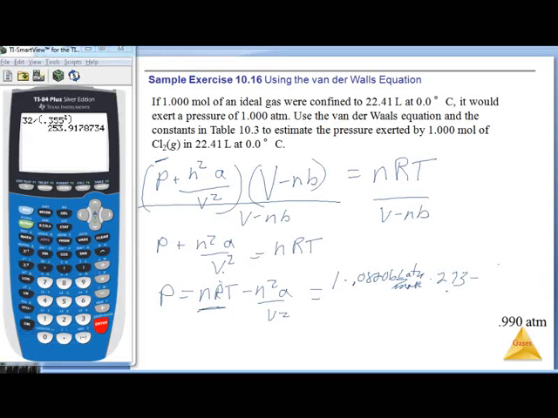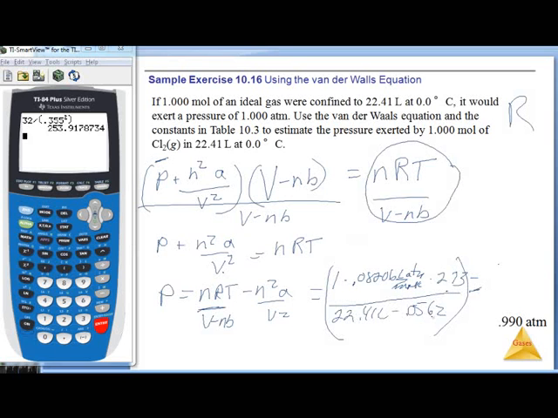I missed something here. I need this term here. Sorry about that. Alright, so my volume is, let me see, 22.41 liters, minus moles, which is 1, times my B, which I can look up on the table, and it's 0.0562. And I'm going to subtract from that, so that I've got this whole thing here, which I'm going to subtract.